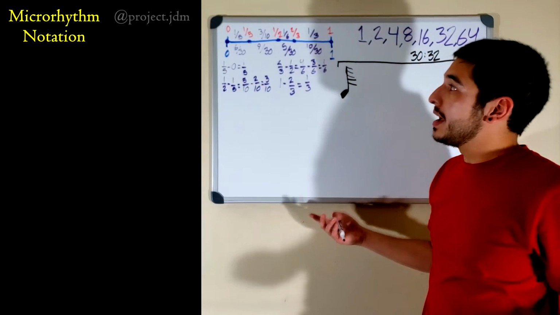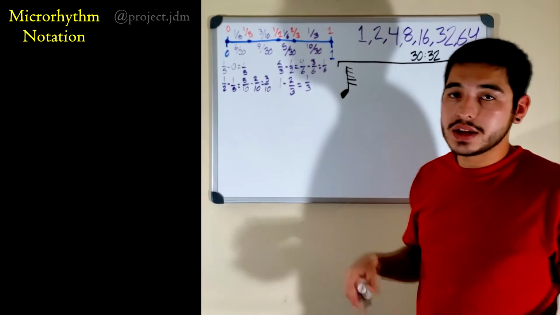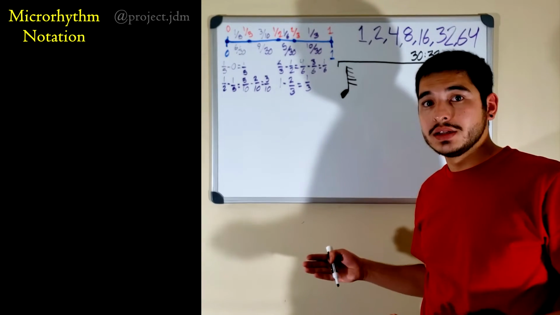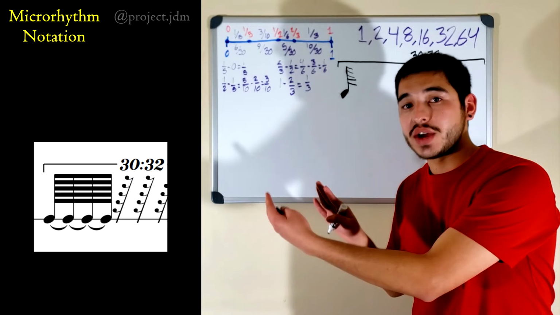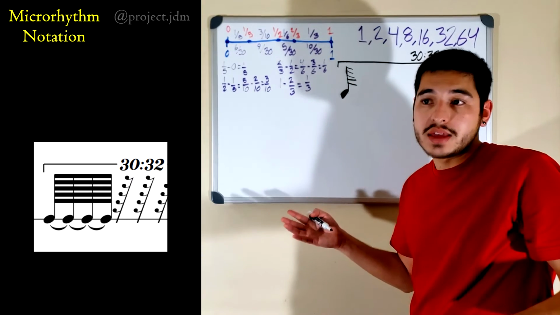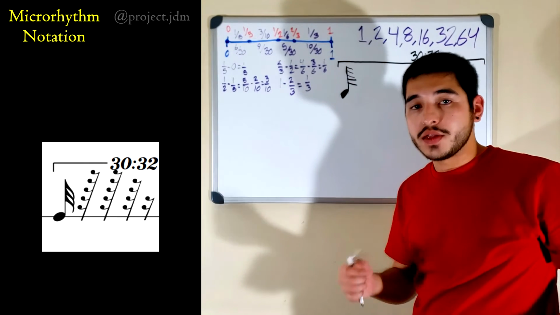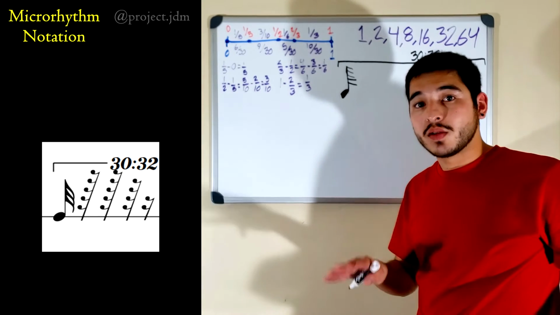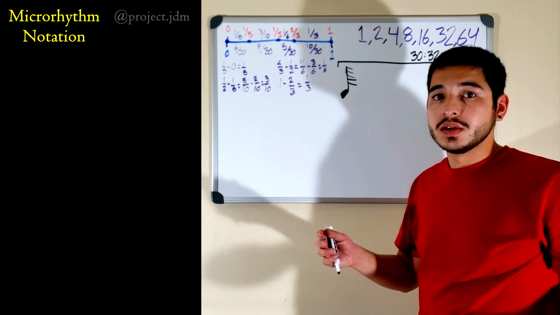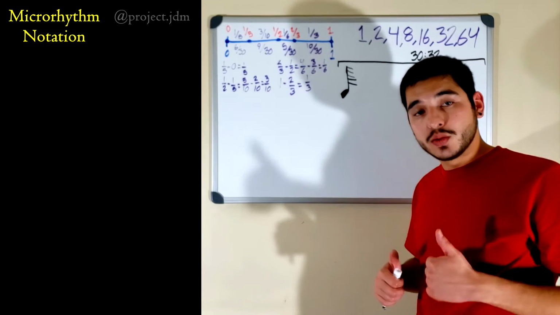For example, if this 6/30ths was 4/30ths, we'd need to write 4 128th notes to satisfy that space. Or in that case, we could just write 1 32nd note and we would be good. Once again, that's because 4 is a power of 2.